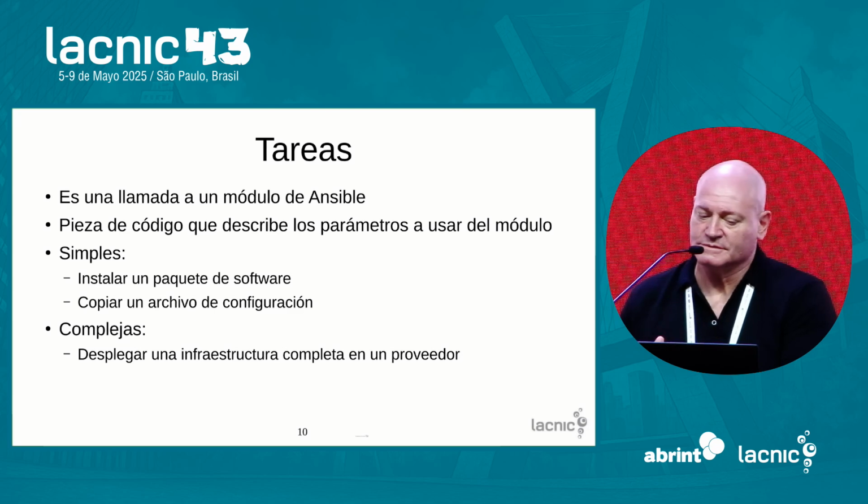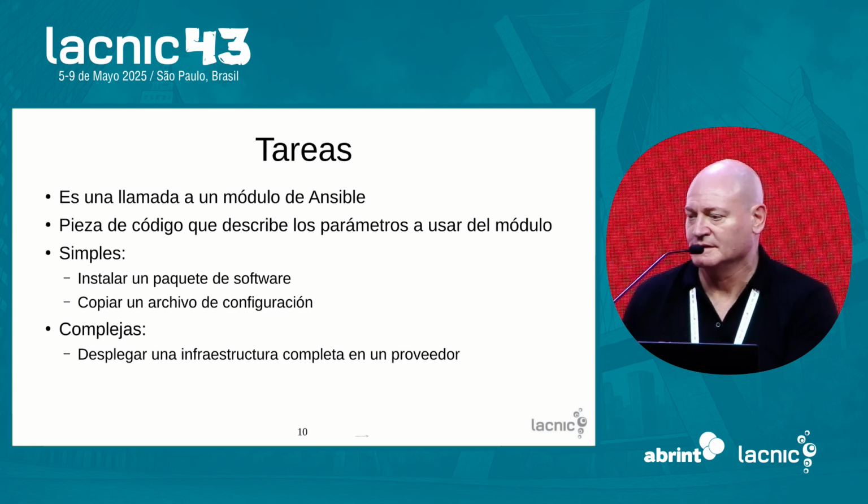There are two types of tasks. The simple ones, for instance, to install a software package or to copy a configuration file, but others are more complex. Those are the ones that we can put together to, for instance, deploy a complete infrastructure, for instance, in a service provider.